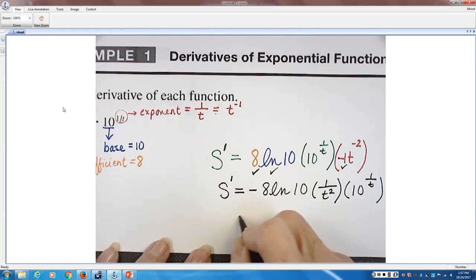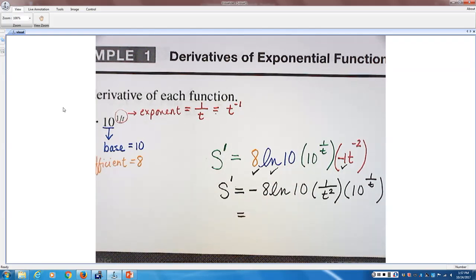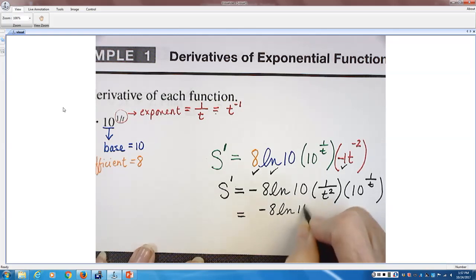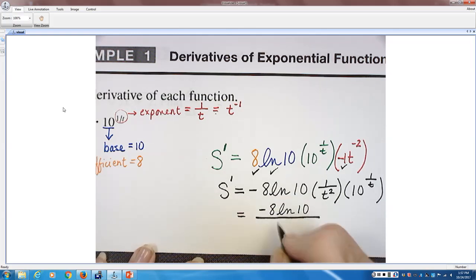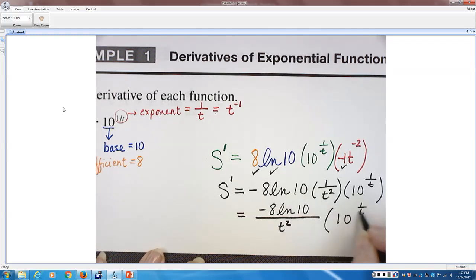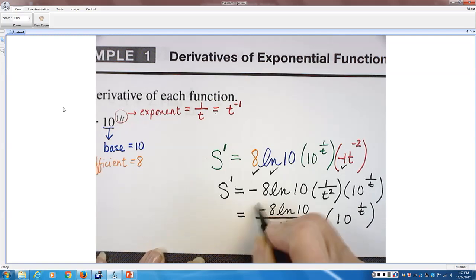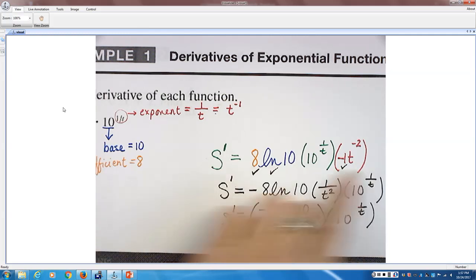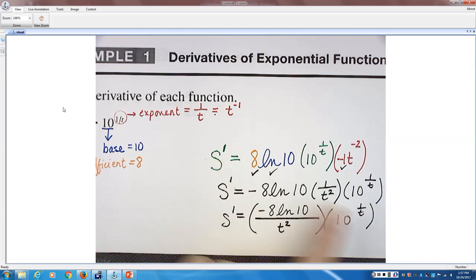So then actually, if you wanted to write it up as small as possible, you take your negative 8 ln 10 over t squared times 10 to the 1 over t power. And at that point, you'd be done. You just basically have these two factors. So there's your derivative. This is the step where you did the calculus. All of this is just algebraic simplification.